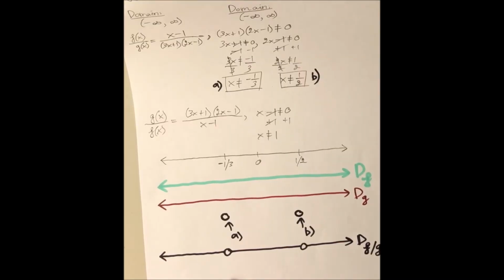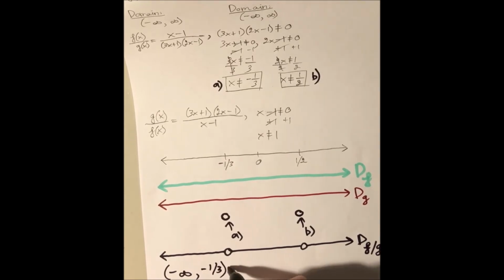For the interval notation, going from left to right, from negative infinity up to negative 1/3, but not including negative 1/3, so we're talking about an open interval. Put a union sign to jump to the next part: from negative 1/3, not including it, all the way up to 1/2, but not including 1/2.